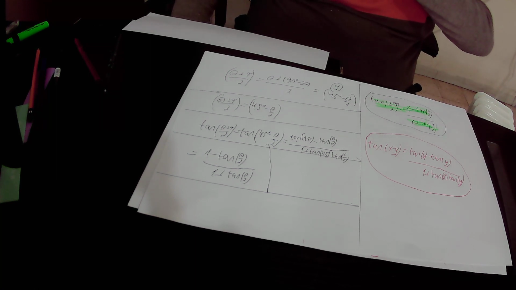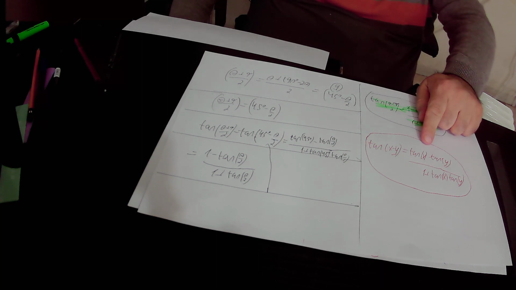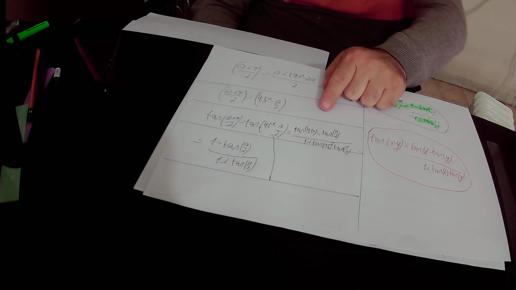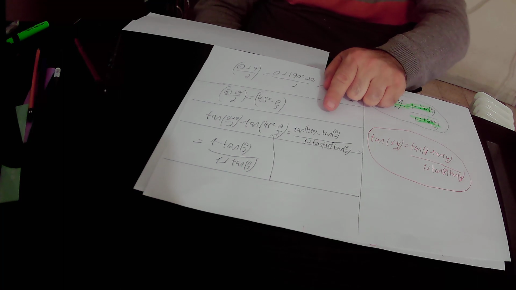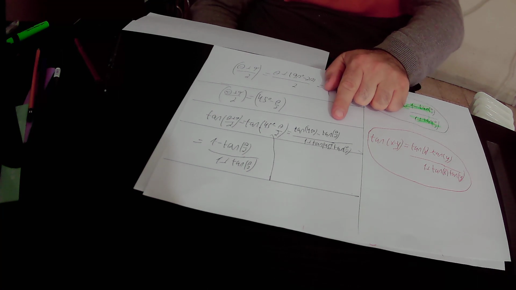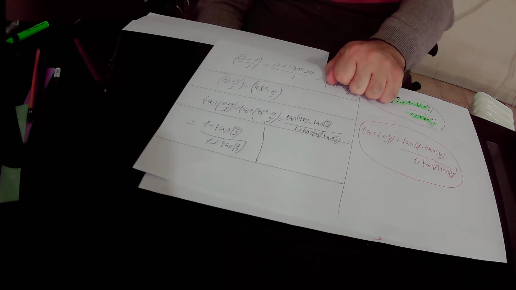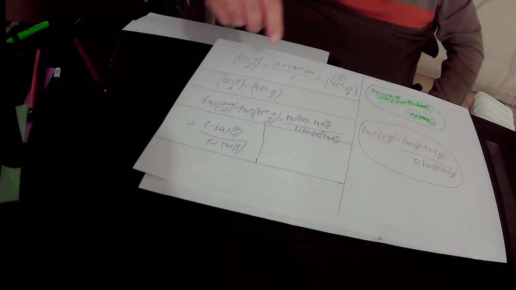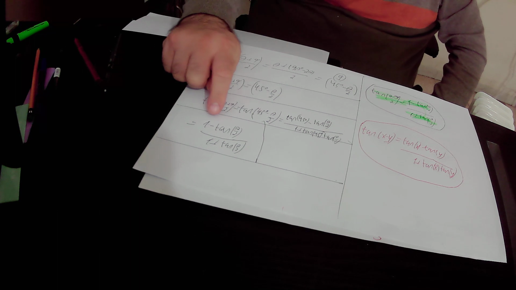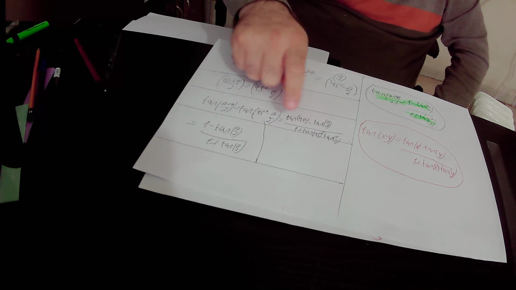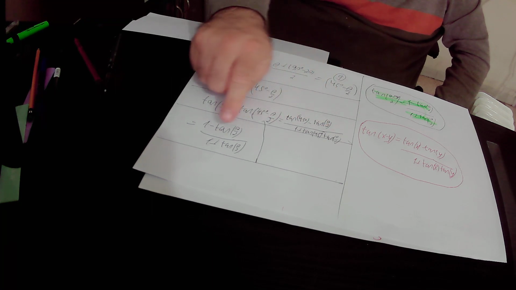So here, according to this trigonometric identity, we get that the value of tangent of 45 degrees minus theta over 2 will be equal to tangent 45 degrees minus tangent theta over 2, over 1 plus tangent 45 degrees times tangent theta over 2. Here tangent 45 degrees is 1, so we get 1 minus tangent theta over 2 over 1 plus 1 times tangent theta over 2.